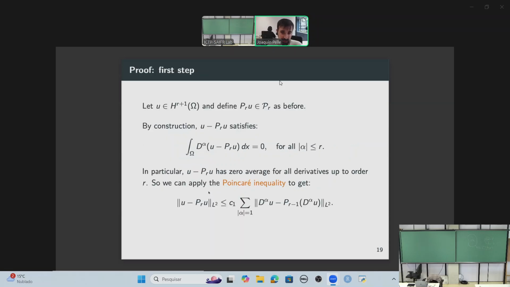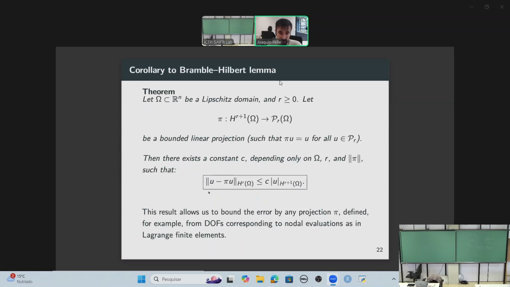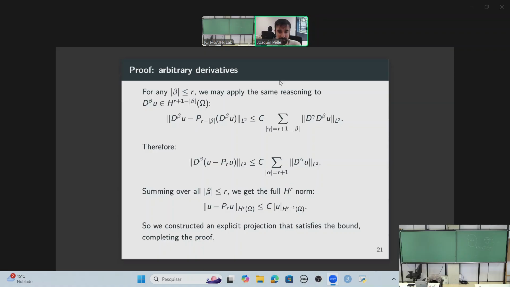And the way we prove that is we found a given polynomial, which is this projection here, that satisfies this inequality. So that proves the lemma.